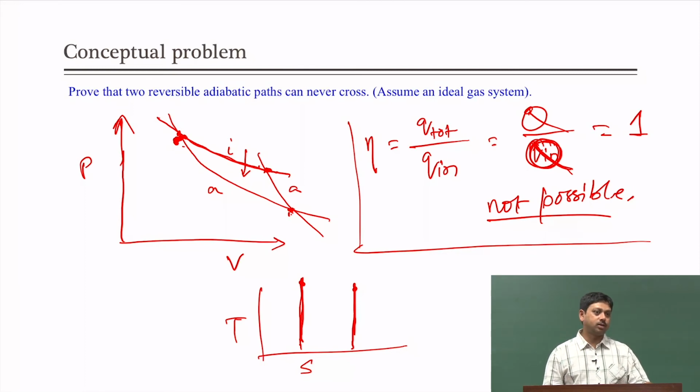That is why they cannot cross, because if you cross at some point, they will have to have same entropy and same temperature, because this is a state function, both entropy and temperature, right. At this point they have the same value, but it can never have same value unless it is the same path. If you start from here, it will follow the same path. See, that is another way of thinking it.